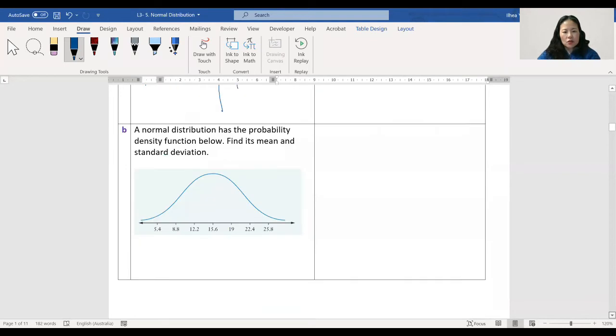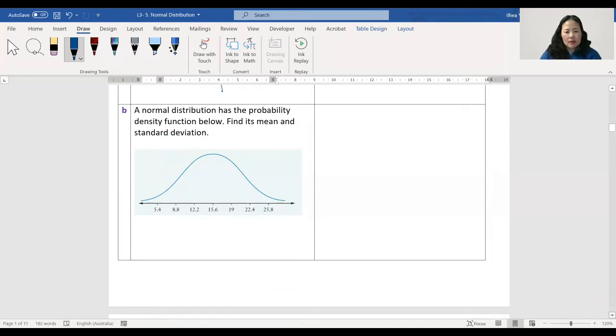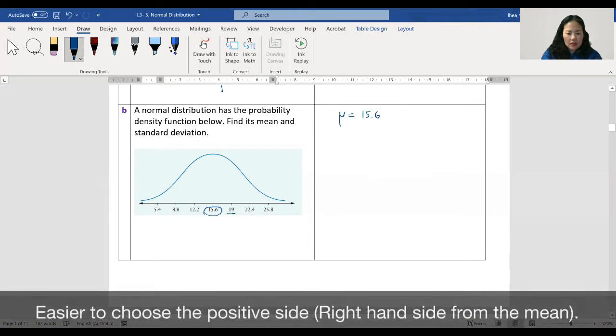Next one. A normal distribution has the probability density function below. Find its mean and standard deviation. So it's the other way around, really. The middle part here is my mean, mu, which equals 15.6. The next one is mu plus sigma, which is 19.